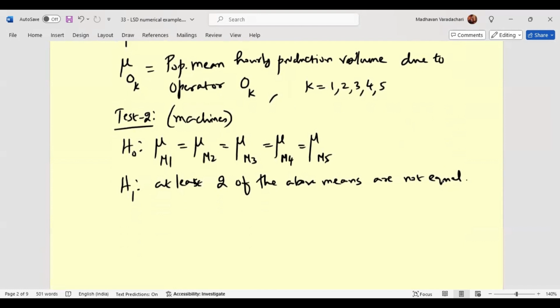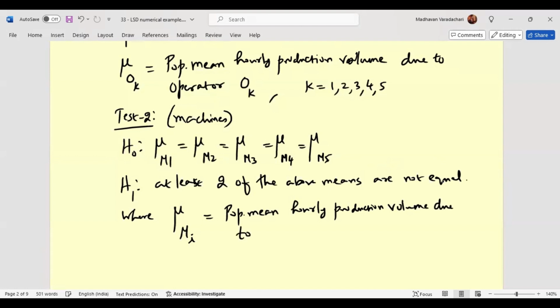So here we will define where mu suffix mi is the population mean hourly production volume due to machine mi, where this i also takes values from 1, 2, 3, 4 up to 5 because there are 5 machines.